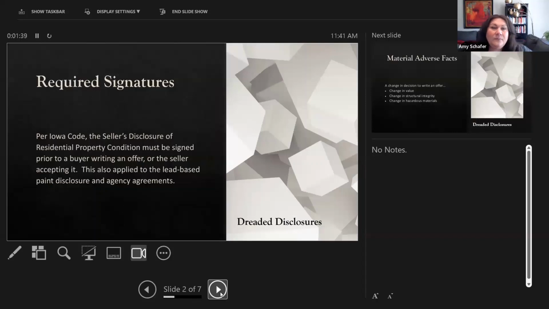Now, I think most of you, I hope, have a system where the disclosure gets signed by the seller at the time you take the listing. Then when you list the property on your MLS system, you're uploading all the required disclosures so that if someone wants to write an offer on your hot new listing, they've got access to all the documents they need.